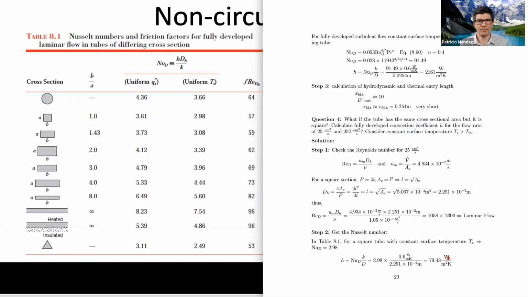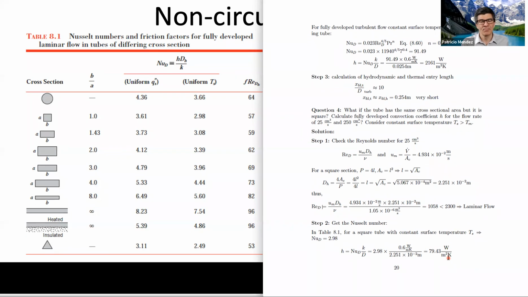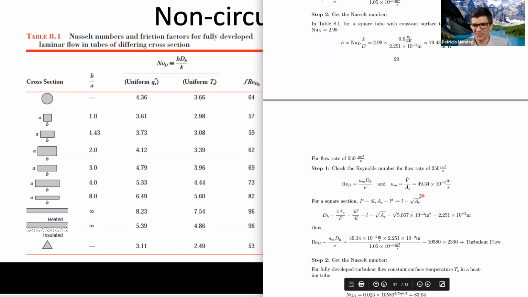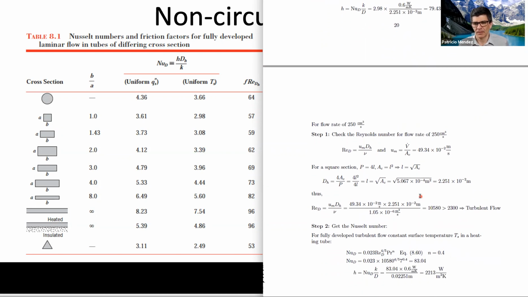You see, different pipe sizes. Let's see the case of 250 cubic centimeters per second. So now the Reynolds number is going to be 10 times higher.